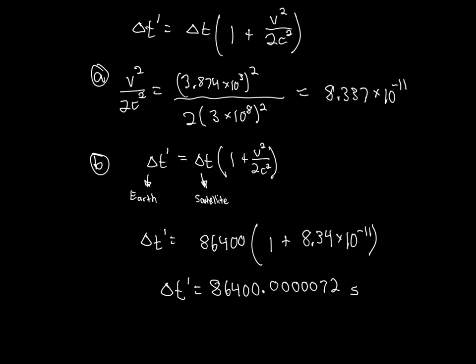So the reason we did this is so that I could test your calculators and see what you're getting, so I can design the exam so that you get the right answers. Okay. So that helps me. You should be getting this number. So using this number, how slow is my clock on Earth? 0.0000072. 7.2 times 10 to the minus 6 seconds.